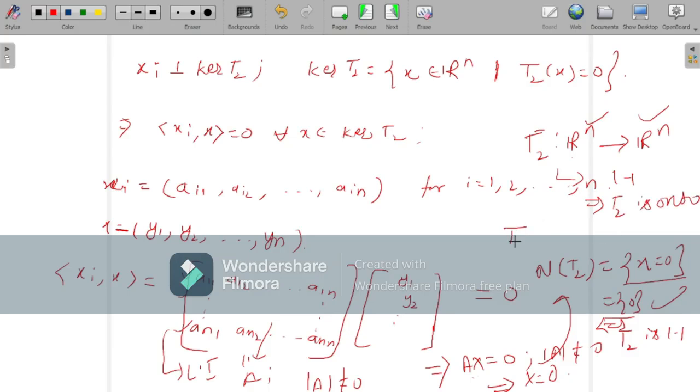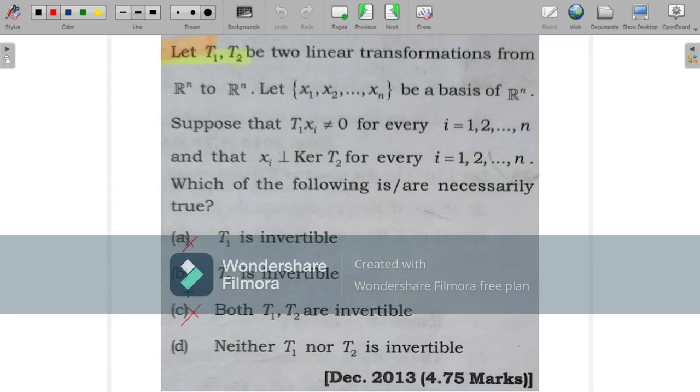So T2 is invertible. So the second option B is true. T2 is invertible and the fourth option will be wrong. So this is also done.